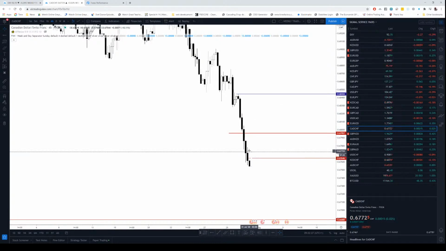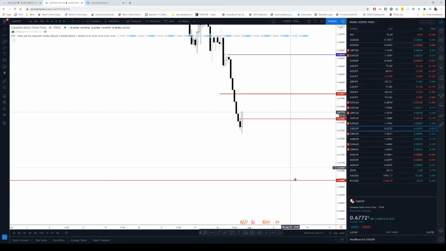If it can continue up, great, but that's as far as I'll be looking for price to get to of this range, and then I'll be looking for a continuation to the downside into that level there.